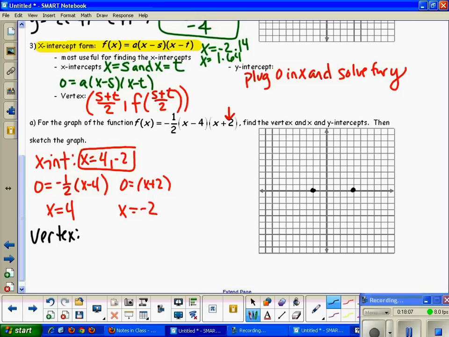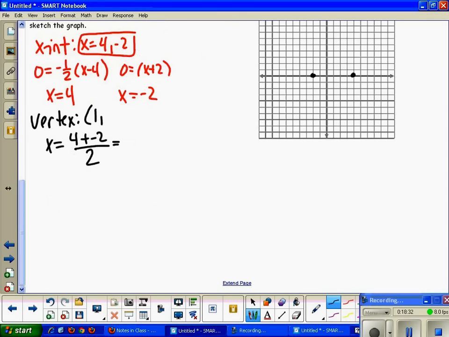So all you need to do is take your x-intercepts, so 4 plus -2 and divided by 2, and you end up with your vertex x-coordinate being equal to a value of 1. And that makes sense that it would be a value of 1 because that's in between your x-intercepts. And then you want to find the y-coordinate by plugging that in to your equation and solving.